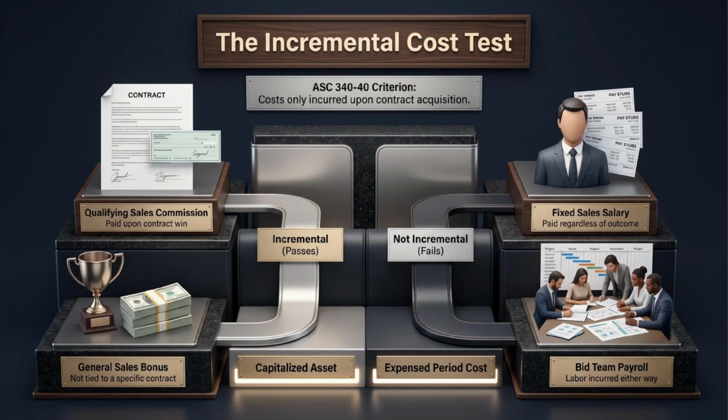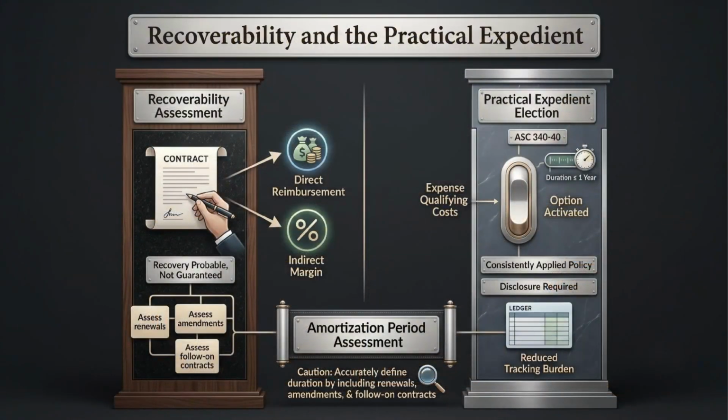A general sales bonus may fail if it is based on broad performance and not tied to a specific contract. Bid team payroll often fails because a cost is incurred during the pursuit process whether or not the bid succeeds. The test is not whether the cost helped the sale, the test is whether the cost exists only because the contract was obtained.